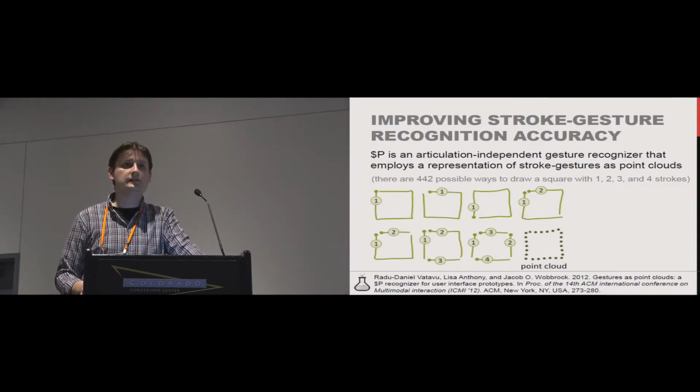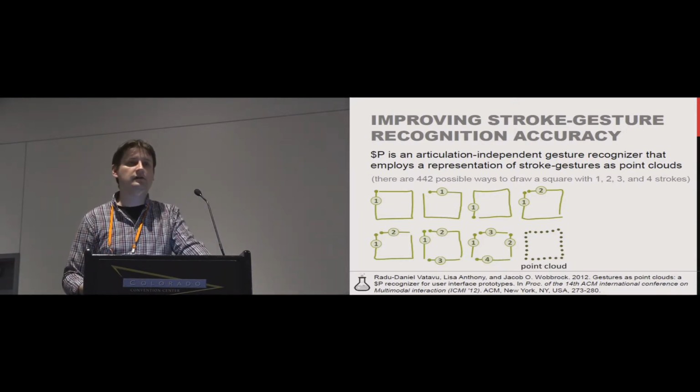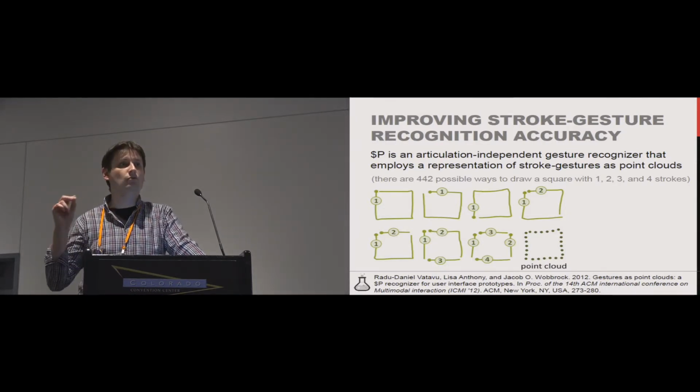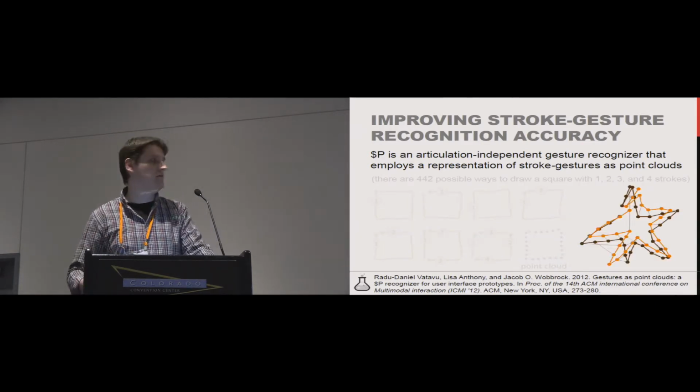And the point cloud does not care about how users arrived at this end result. Okay, and then point clouds are matched using a one-to-one alignment procedure. So each point from the candidate gesture is aligned to one point from the template gesture. Okay, so this is how an alignment looks like.